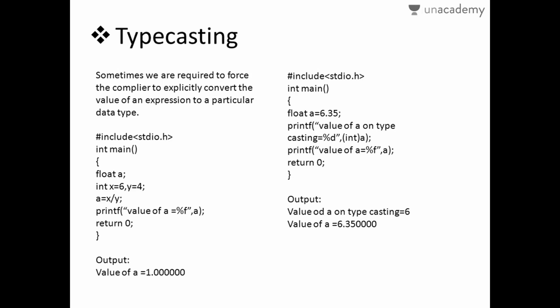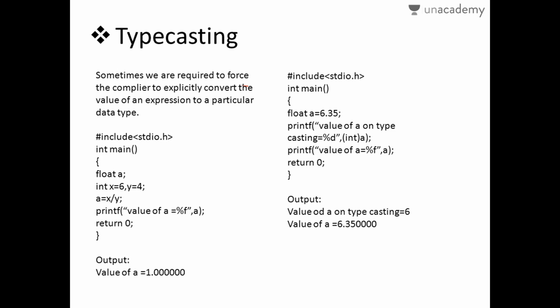Typecasting is much different from typedef. With typecasting, when you want the output to be in a different data type, for example, I get an output in integer terms, but I wish it to be in float, then I'll be using the procedure of typecasting. This is because sometimes the compiler has to forcibly convert the values of an expression into a particular data type.